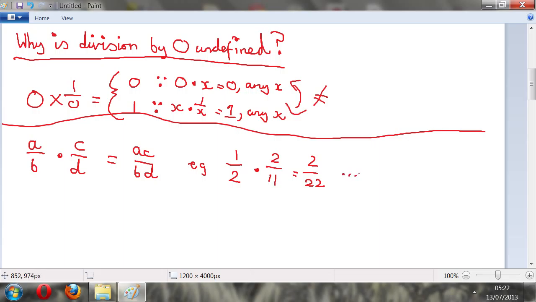I'll do one more, why not? Just put a big bar in there. All right, so 17 twelfths times 11 seventeenths.